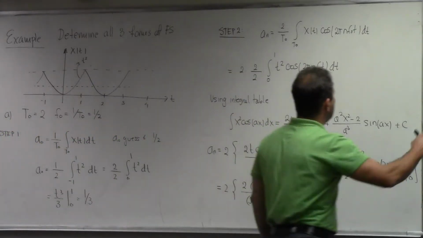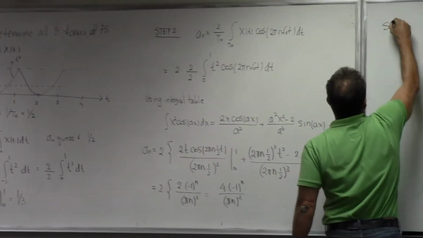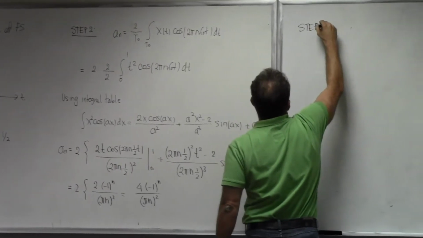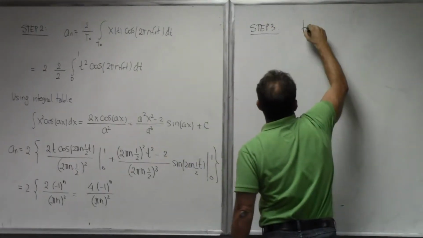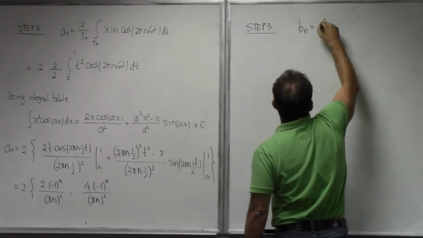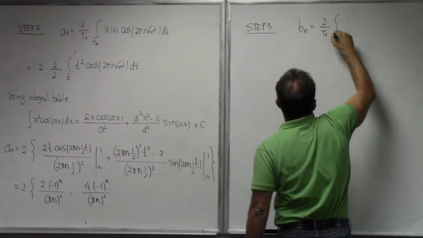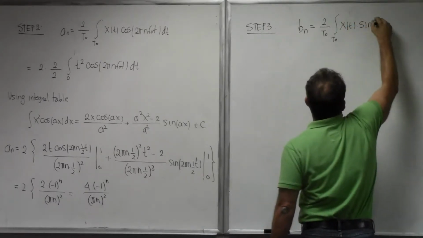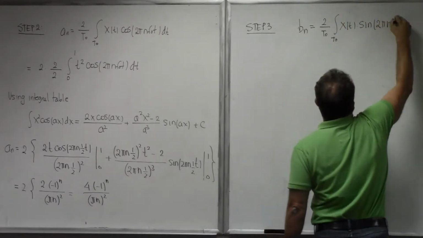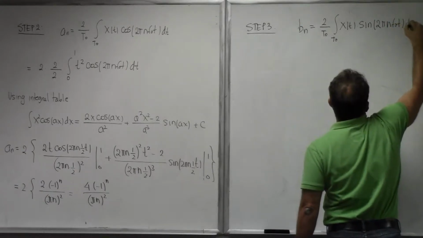And then step 3 is going to be calculation of the bn terms. Now bn, let me just put a definition here, is going to be 2 over t0, integral over t0, x of t times sine of 2 pi n f0 t dt.